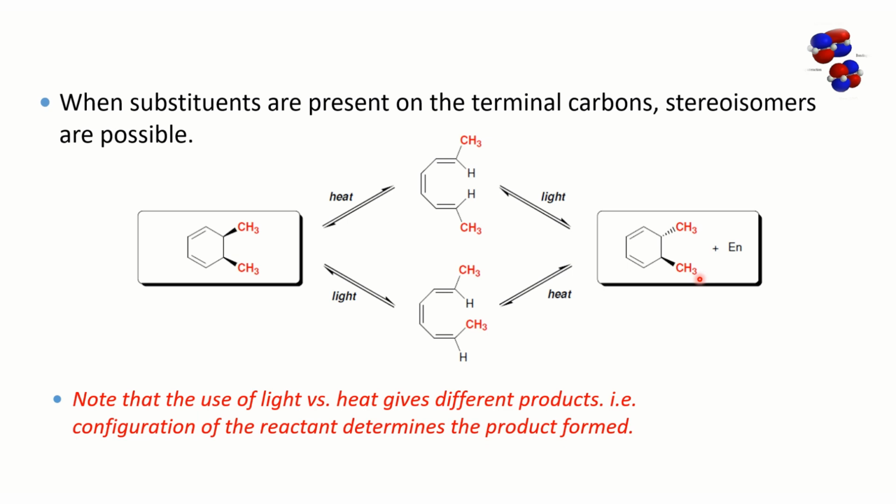Now, what exactly is happening? Note that if we treat the species thermally, then we have a ring opening, and now we have an E,Z.